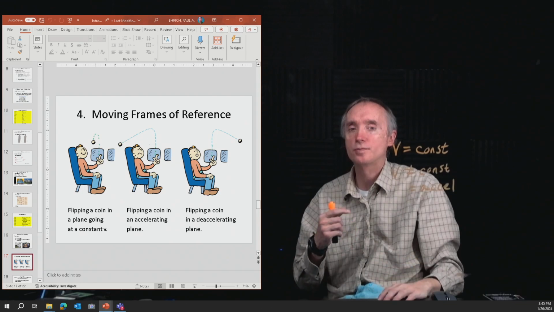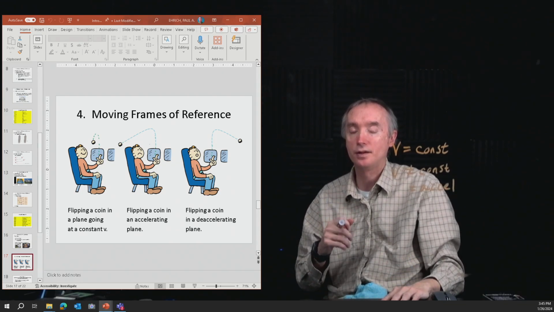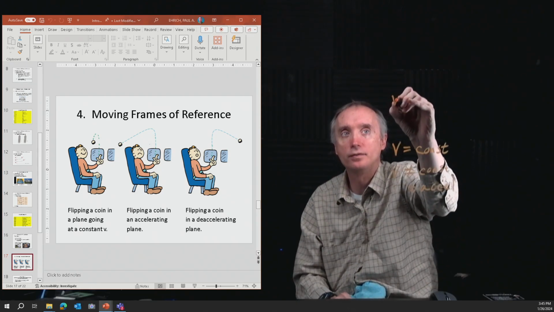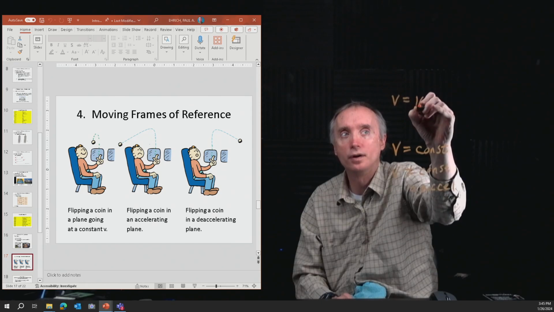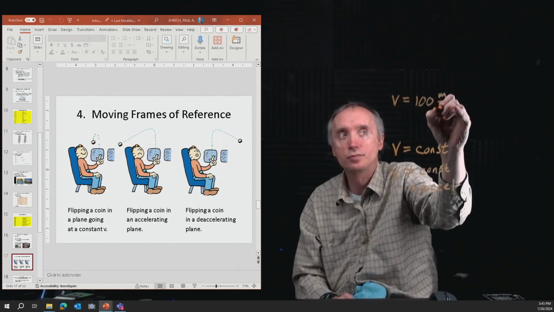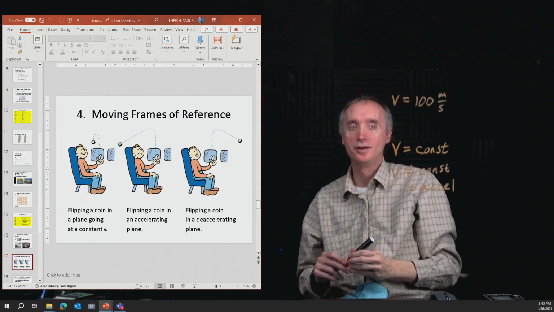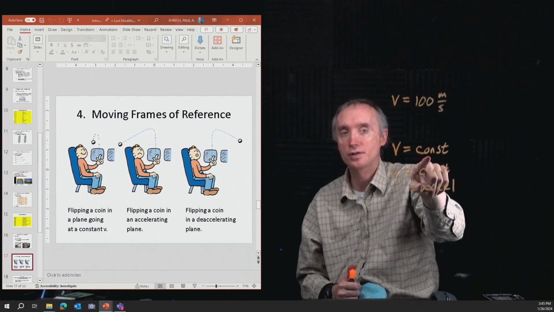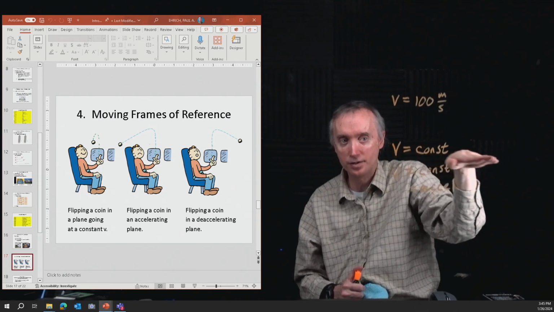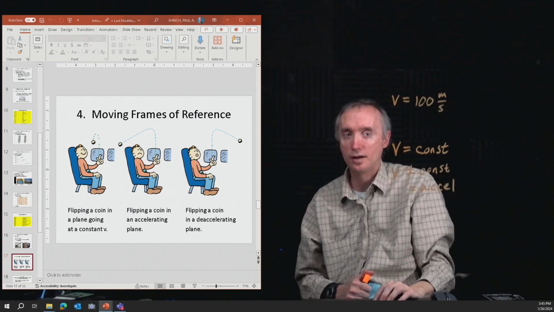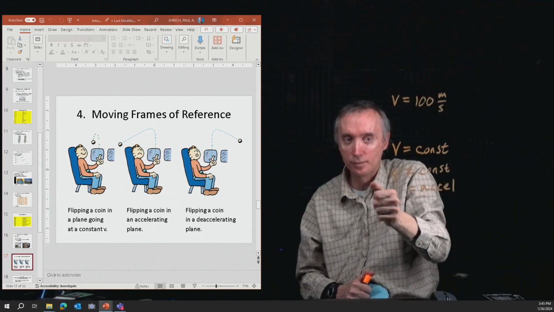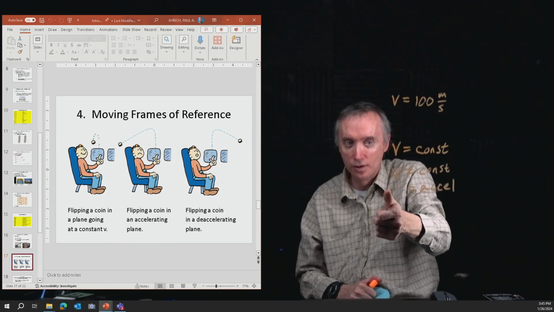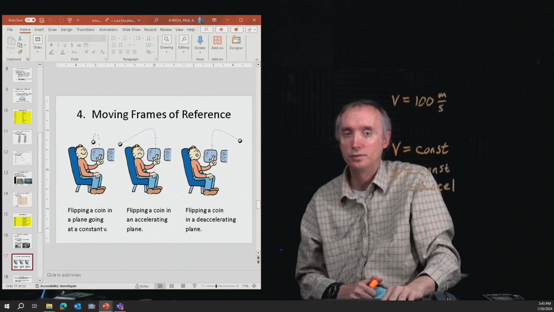Okay, now let's pretend that the airplane has a velocity of 100 meters per second. I'm just making up that number. But let's say that the airplane has a speed of 100 meters per second and is constant. It's traveling at a constant speed in a straight line, and then he's going to flip it up into the air. All right, so the instant that he flips it, what speed is the coin going at?